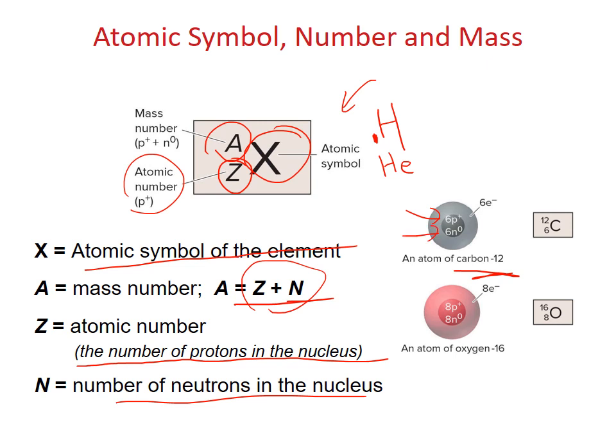So the symbol is carbon, with 6 representing the proton number, or atomic number, and 12 the sum of protons and neutrons. Similarly, in oxygen-16, there are 8 protons, 8 neutrons. So 8 represents the proton number or atomic number, and the sum of protons and neutrons is 16.